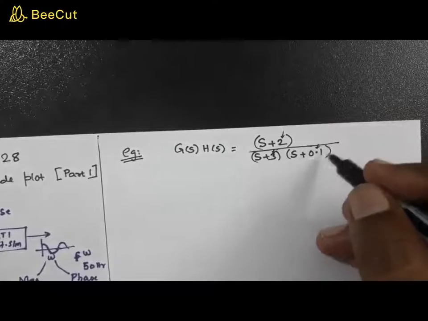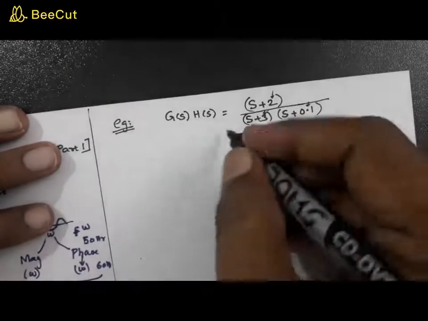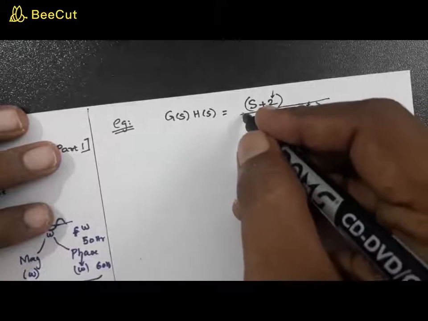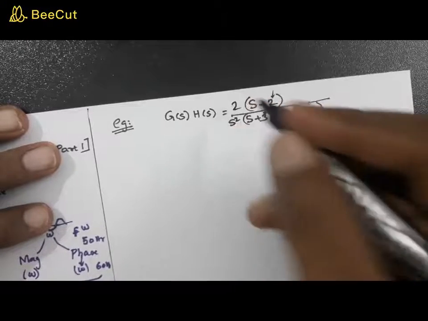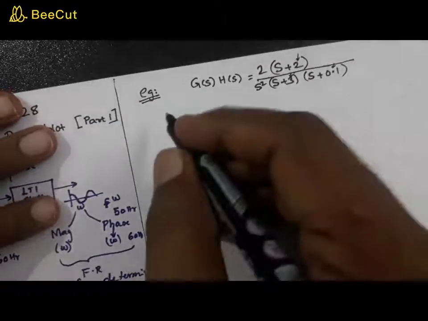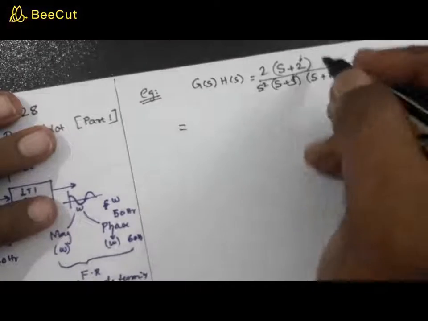Instead of that constant you must have 1. Then only you will get a form of 1 plus j omega. You have an s square and you have a 2 here. This is your transfer function.